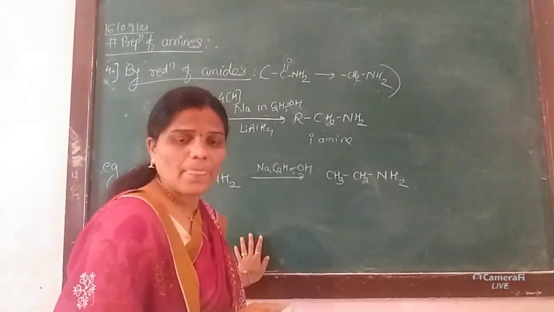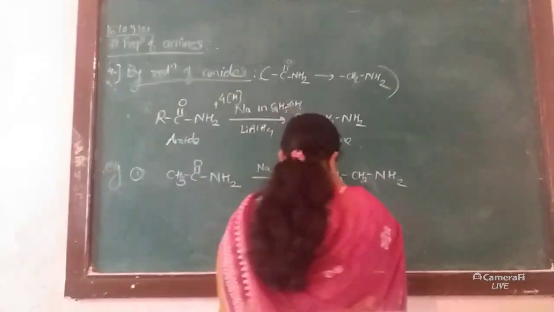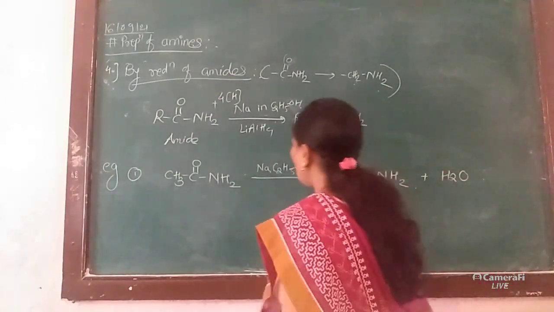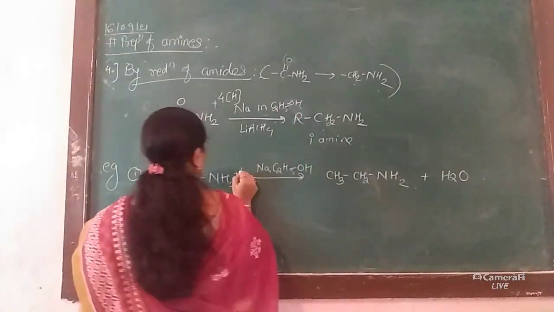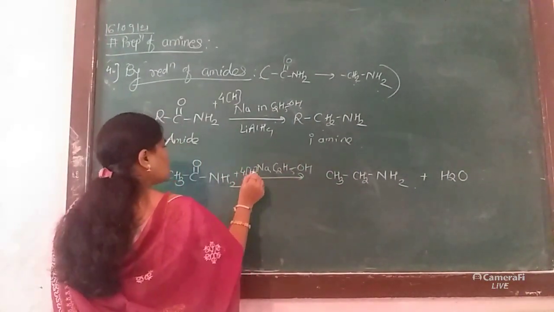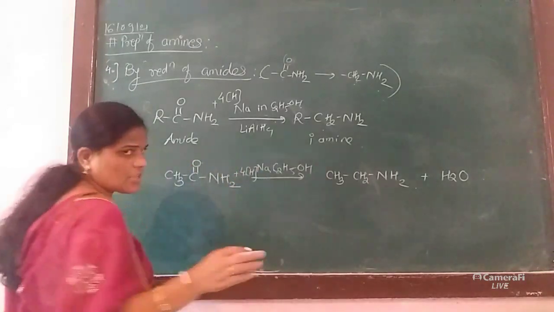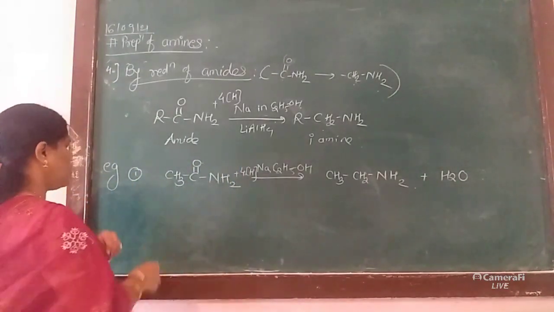Acetamide is converted into primary amine with the loss of an H2O molecule. Here there is the formation of 4 nascent hydrogen: 2 hydrogen atoms go to this carbon atom, and 2 hydrogen atoms plus oxygen form the removal of only one water molecule.